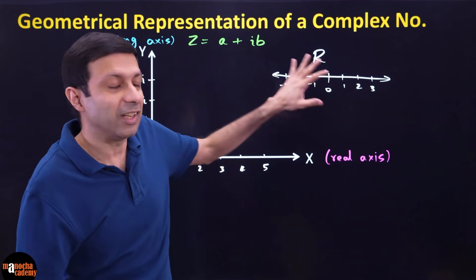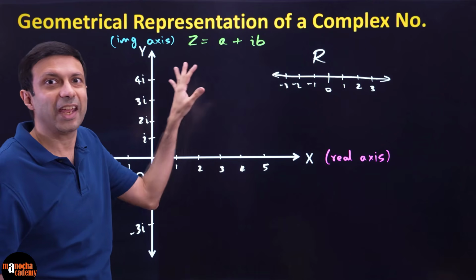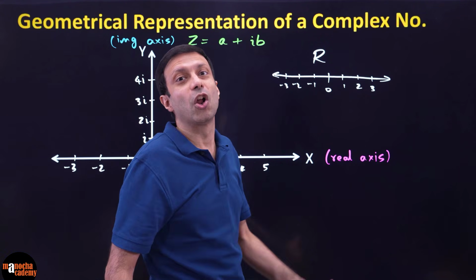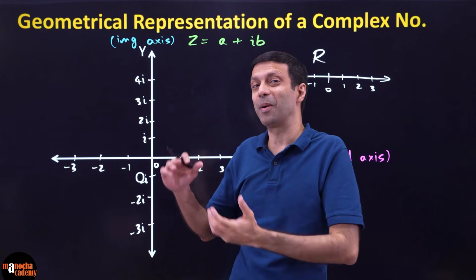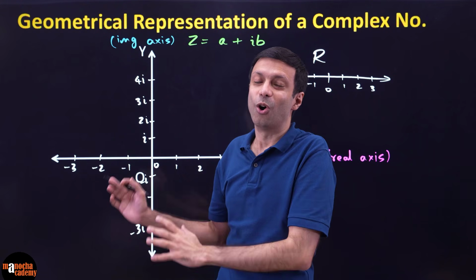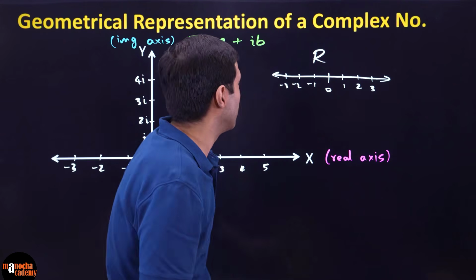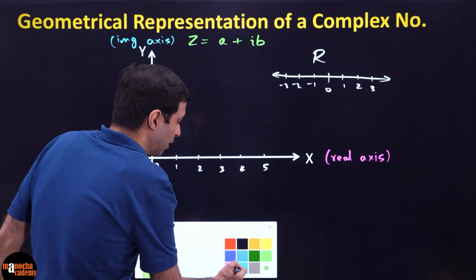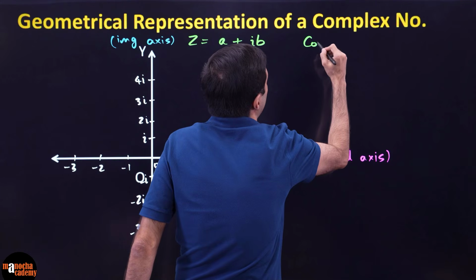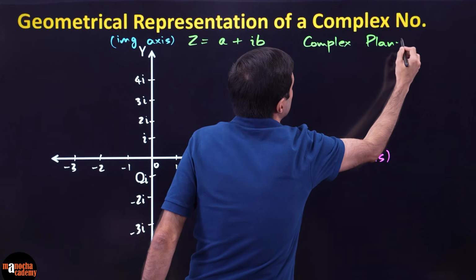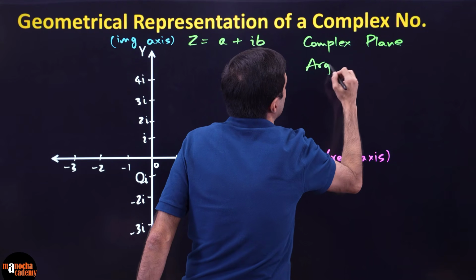And this 2D plane, which in coordinate geometry is called the xy plane or the Cartesian plane, here we call the complex plane because it's going to represent complex numbers. It's also known as the Argand plane. So you can note that now we are dealing with the complex plane, this two-dimensional plane, also known as the Argand plane.